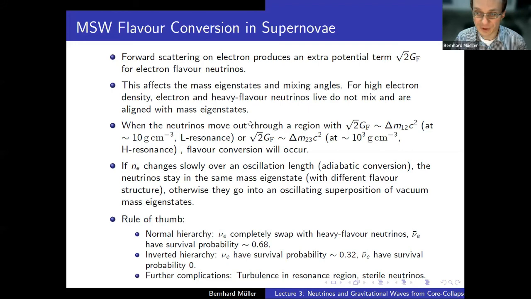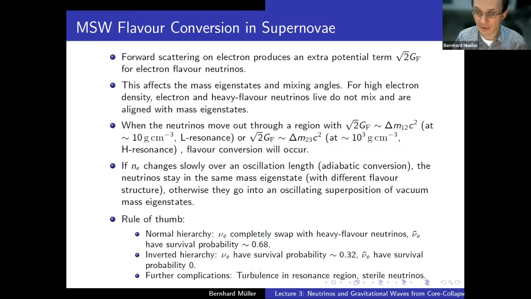That transition can have a slightly different character depending on how fast this background potential of forward scattering on electrons and positrons changes. If it changes very gradually, you get what's known as an adiabatic conversion, and the neutrinos that were produced, say, in mass eigenstate 1 will go completely into mass eigenstate 1 in vacuum.